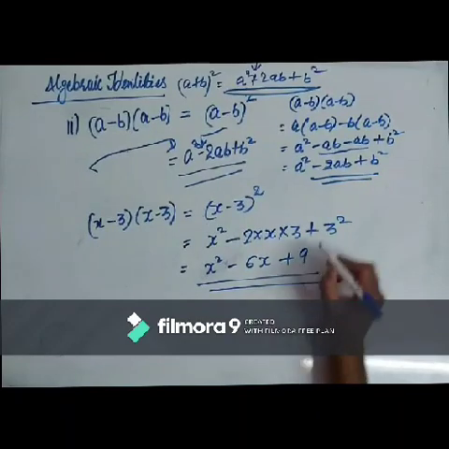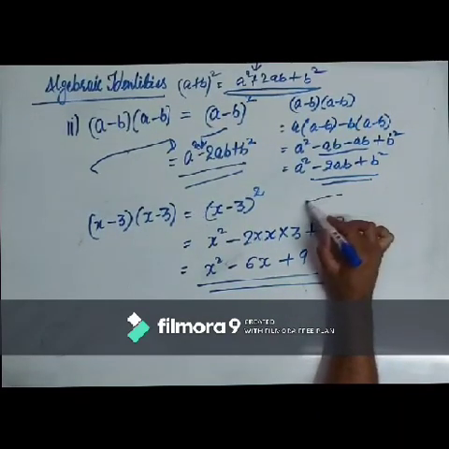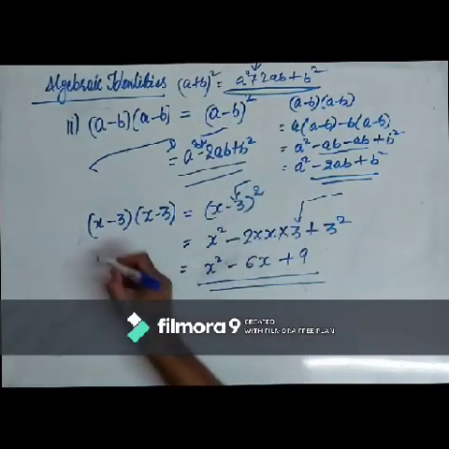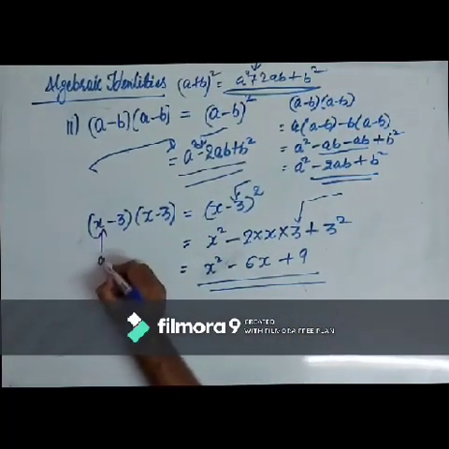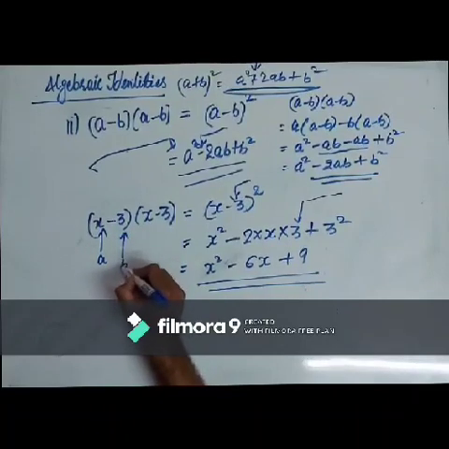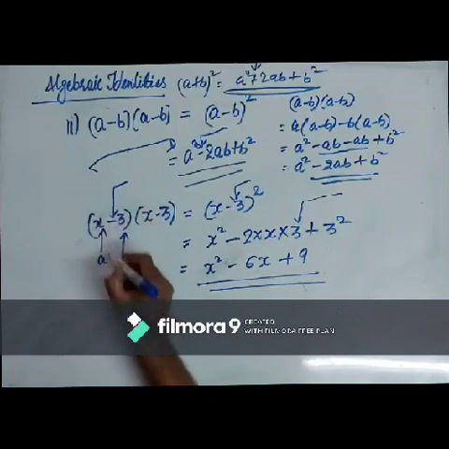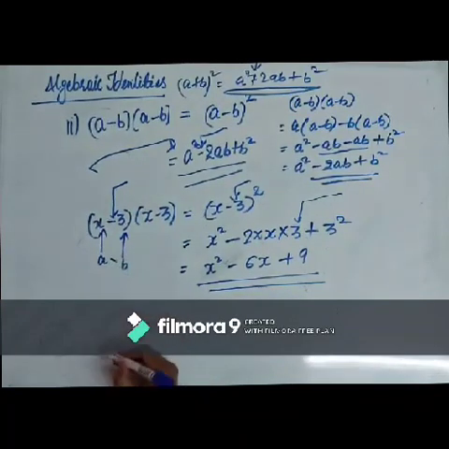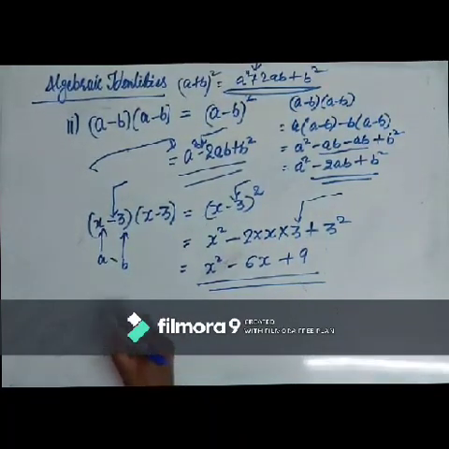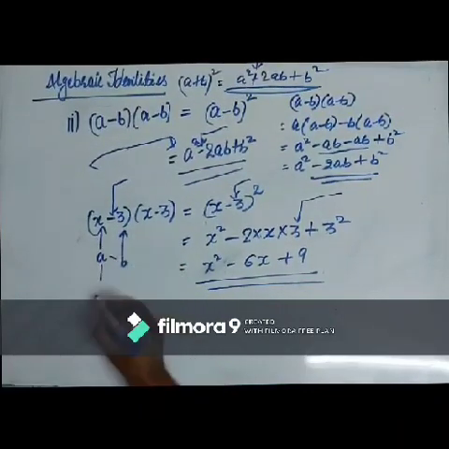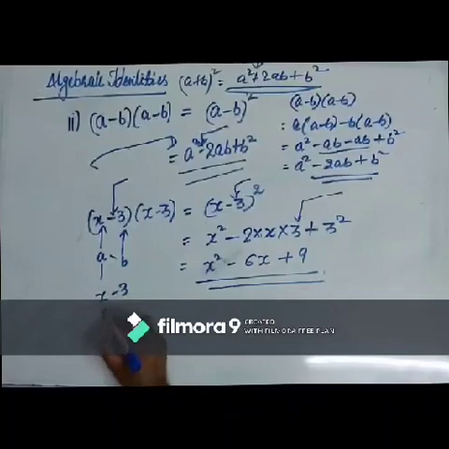Remember one thing, few students ask why it is 3 when it is minus 3. When we are saying this is a and this is b, we are taking a and b independent, so we are not talking about this minus sign. This minus sign in between resembles the minus sign in the identity. So x minus 3 is a minus b.